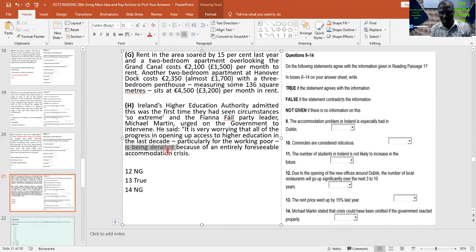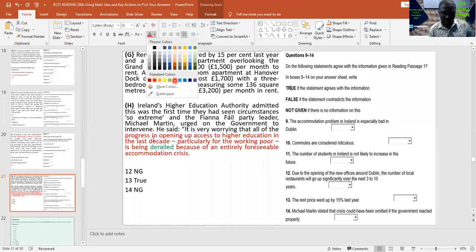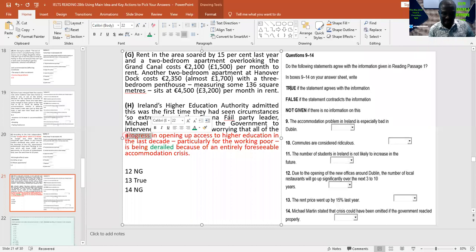Progress is being derailed. Yeah, I think that's where the issue came. Regression. Even if you don't understand, that's almost the only option left. Yes, progress is being derailed. There is no progress. So derail is the key thing that came to explain it. Progress is being derailed.